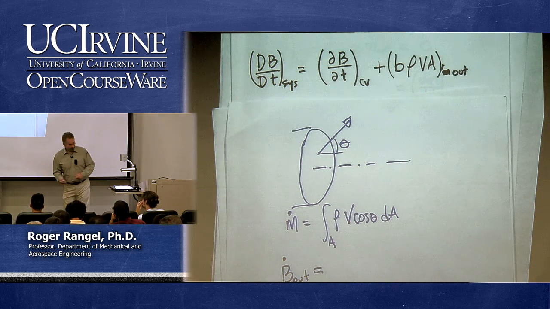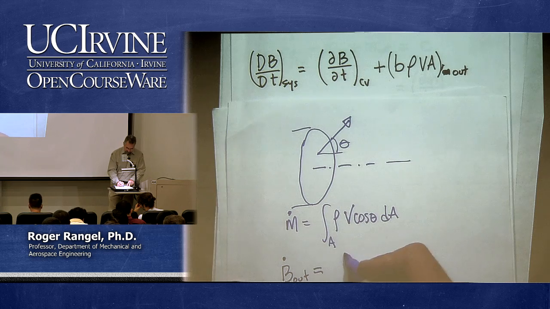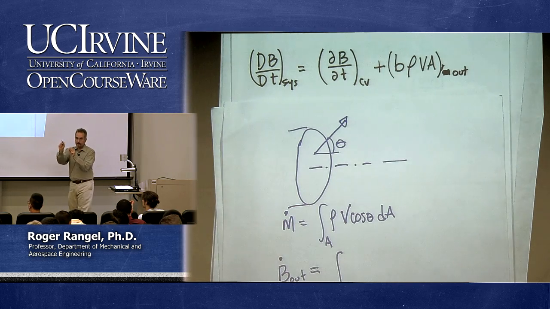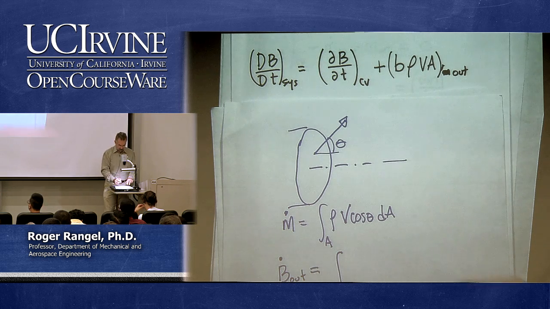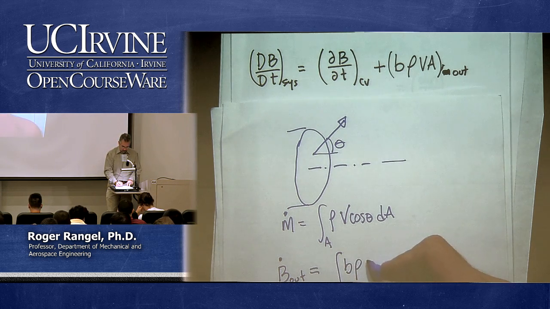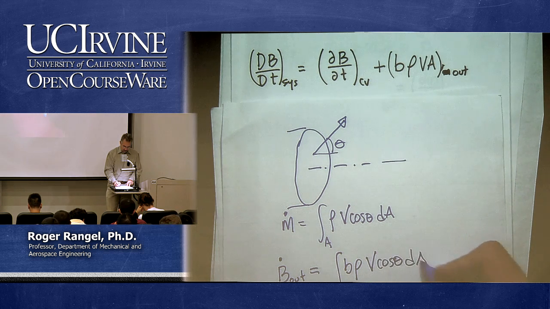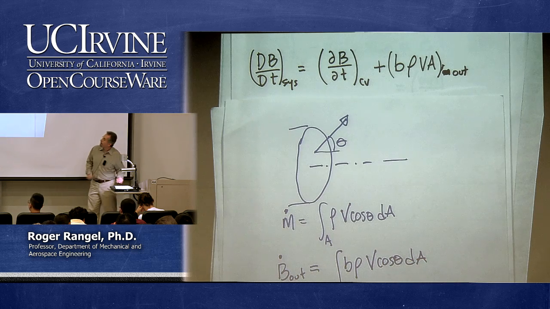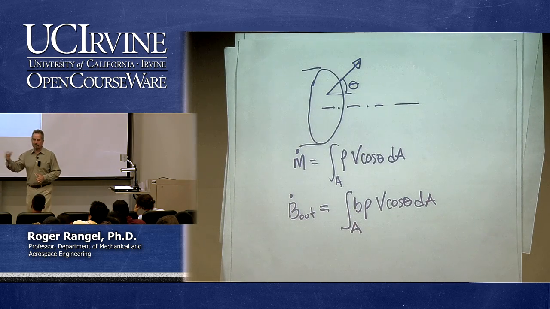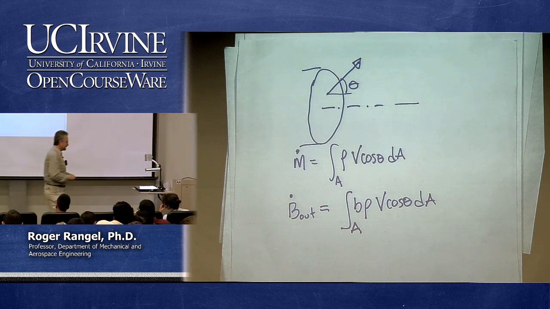It's now going to be an integral. Just repeating everything we did. The only difference is that we have to stick in the value of B at that particular spot. So I would say B rho V cosine theta dA, integral over the area. And I would have to do the same thing for capital B dot in.